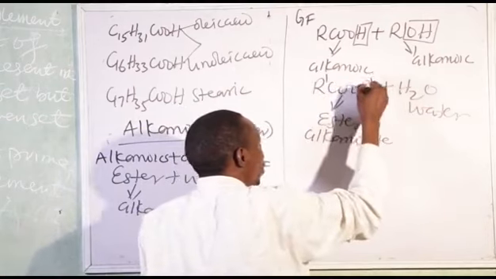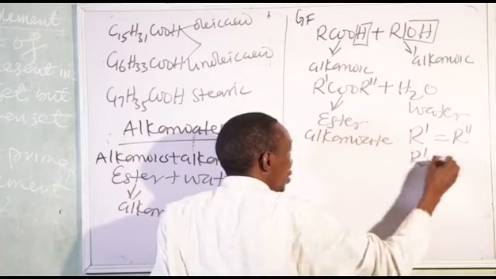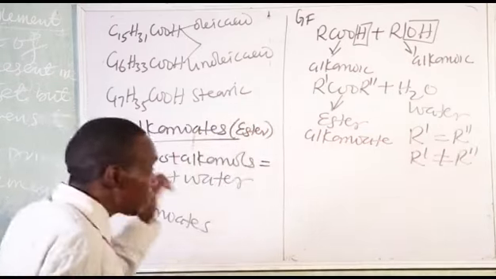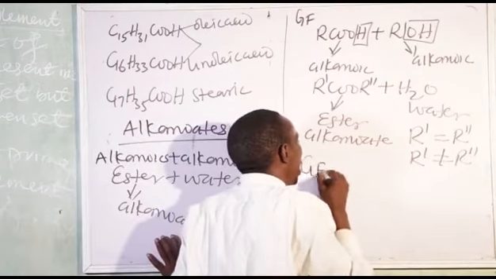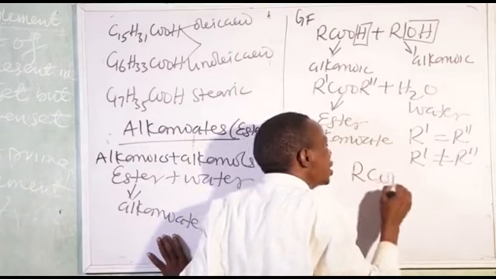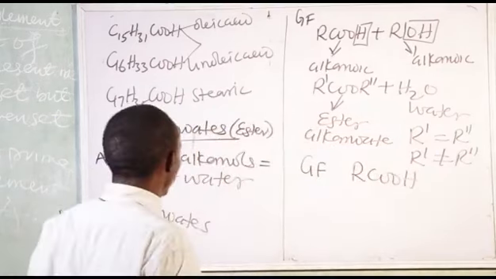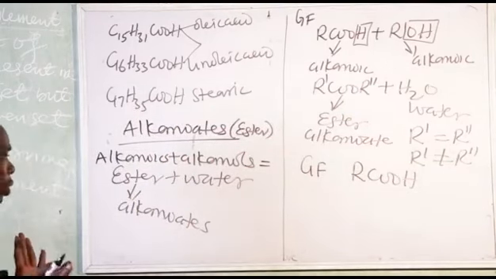Our R can be the same or different. Don't forget, it can be the same, and R can also be different. So their general formula is RCOOR, because we coined the name from alkanoic and alkanol. Somebody will say, this ROH, I'm confused, so don't be confused.